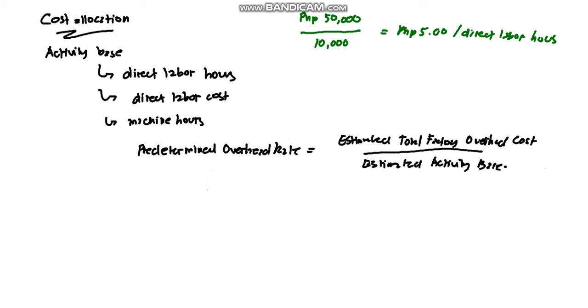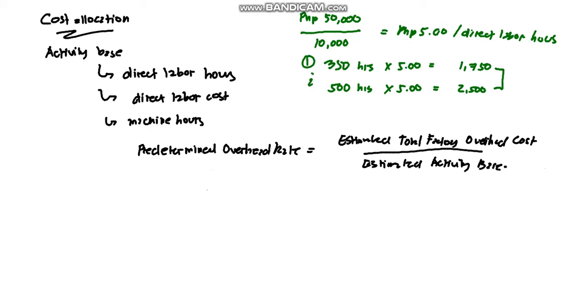So if one job has an actual direct labor of 350 hours multiplied by 5, then the total factory overhead would be 1,750. And if the second one has direct labor hours of 500 hours multiplied by 5, that's 2,500. So how do you record this one?